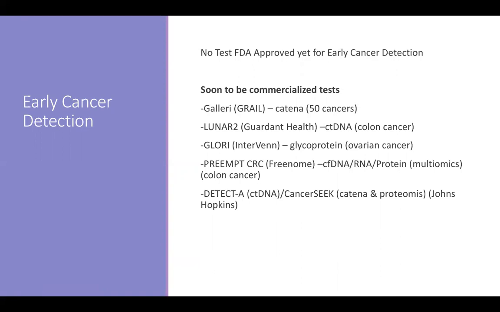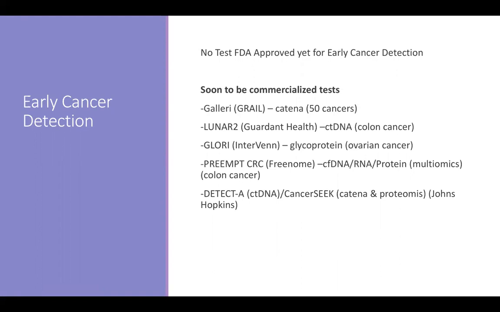So GRAIL has Galleri. It's a ctDNA test. There's a typo here. It is designed to detect 50 cancers, and they represent about 2/3 of all cancers. In fact, 70% of all cancers are not able to be screened by standard screening procedures.